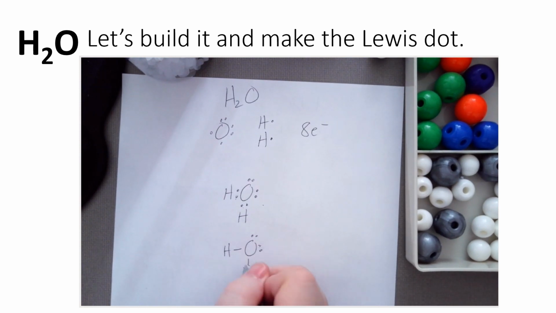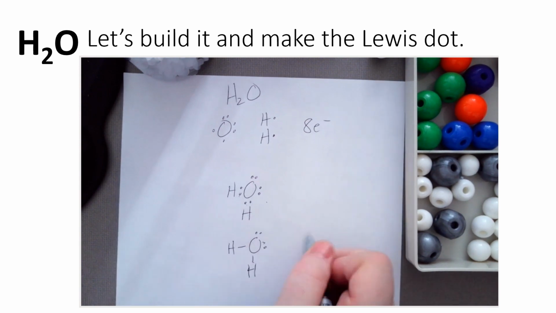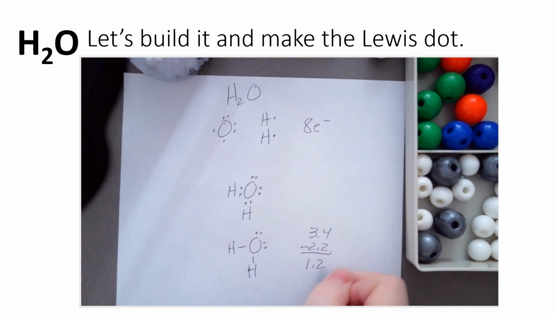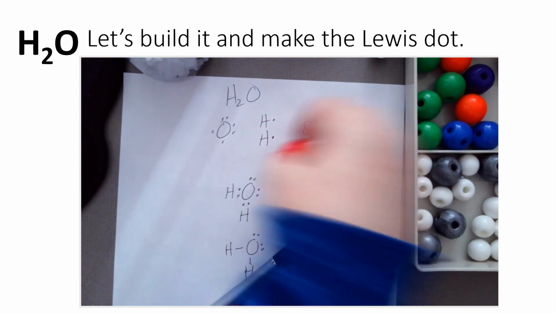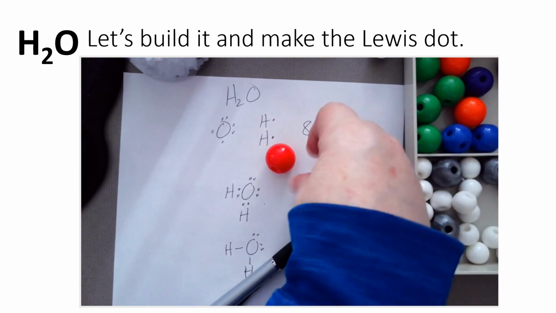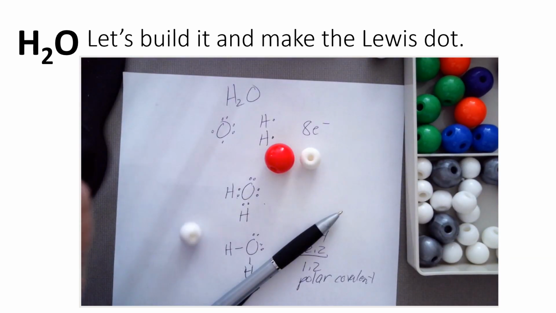So what kind of bond is this between O and H? Well, O, if you remember, is 3.4, minus hydrogen, 2.2, is 1.2. So those are polar covalent bonds. So let's build it. We need 1 oxygen and 2 hydrogen, and we just need 2 bonds.